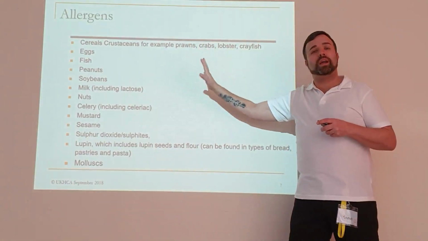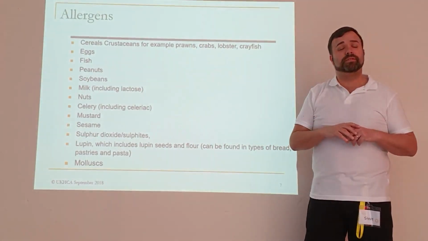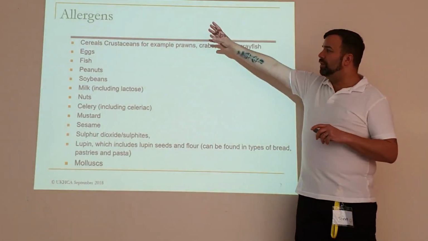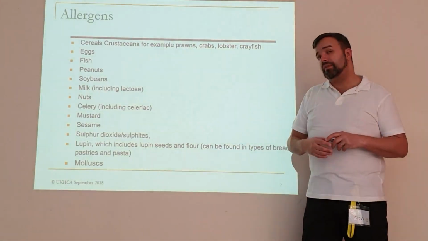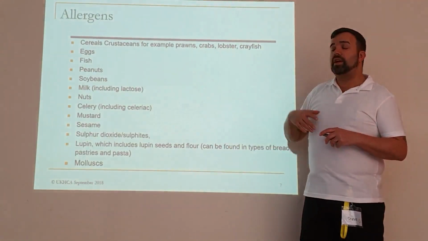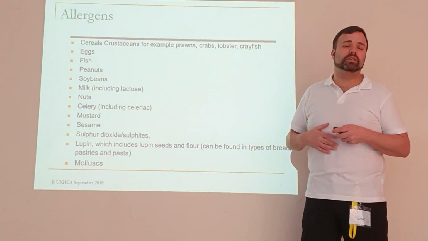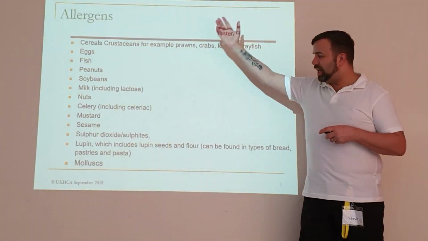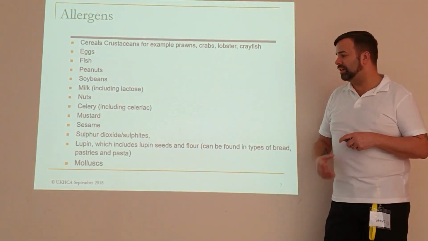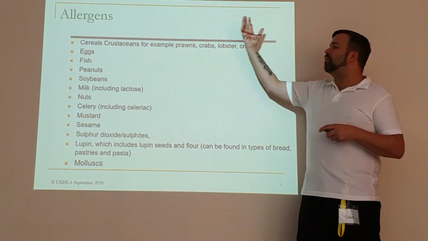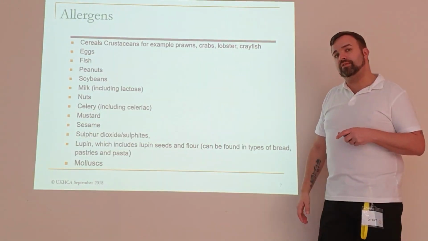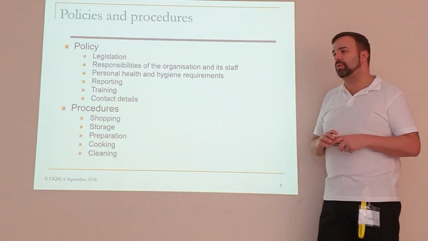So it's important we're aware of our customers' allergens when providing food. But equally, these foods are also seen as high-risk foods. So we know things such as eggs can have salmonella, fish can turn quite quickly, and again going down to other things. So we want to try and avoid any high-risk foods with high-risk groups as much as possible.